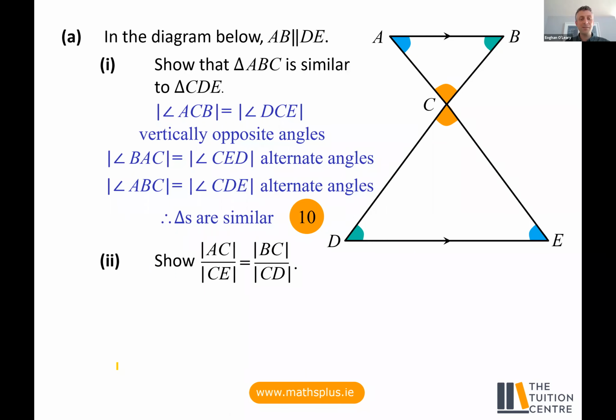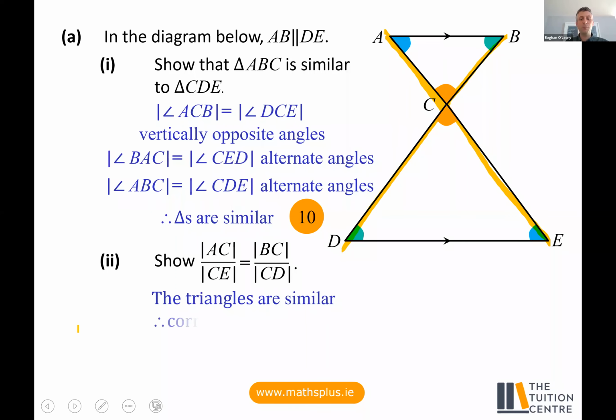The second part is to show that AC divided by CE is equal to BC divided by CD. Well, because we know the triangles are similar, we know that the sides are in proportion in order.